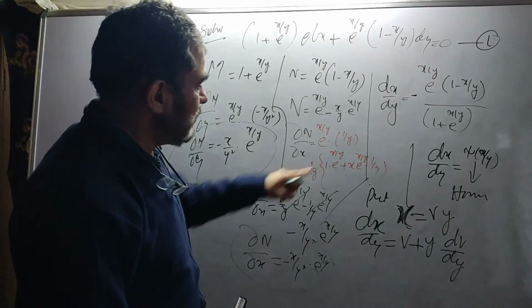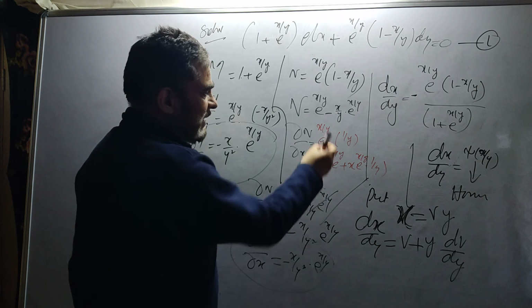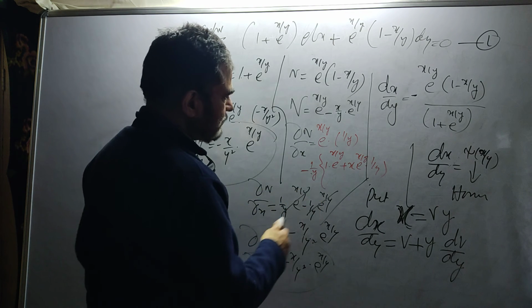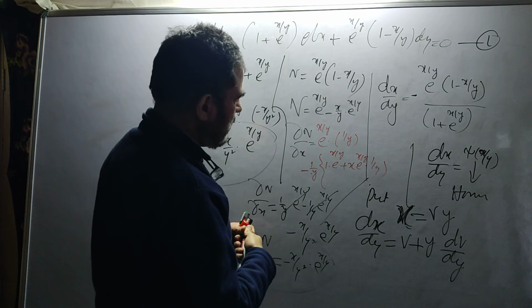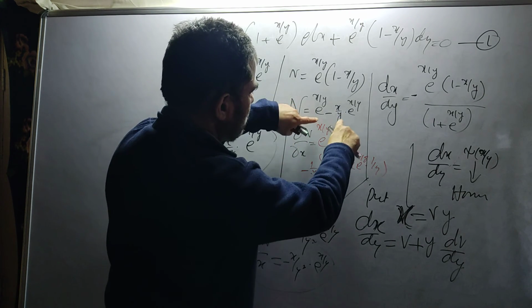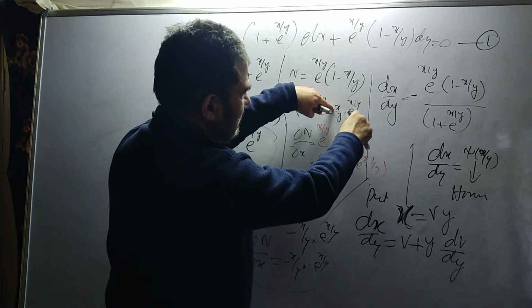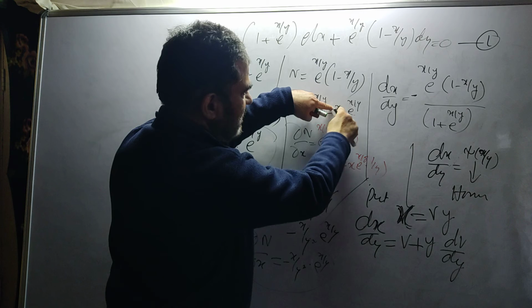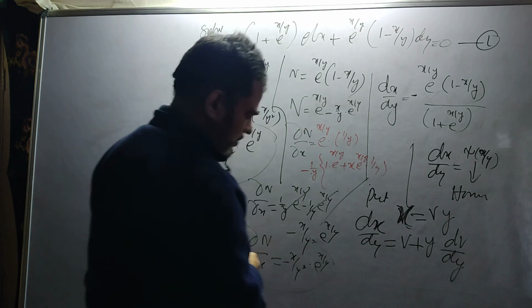But here you have to be very cautious. Here my y is constant. I write 1 by y out. Then derivative of x e raised to power x by y with respect to y: the first differentiation of this as it is, then x as the derivative of e raised to power x by y with respect to y.